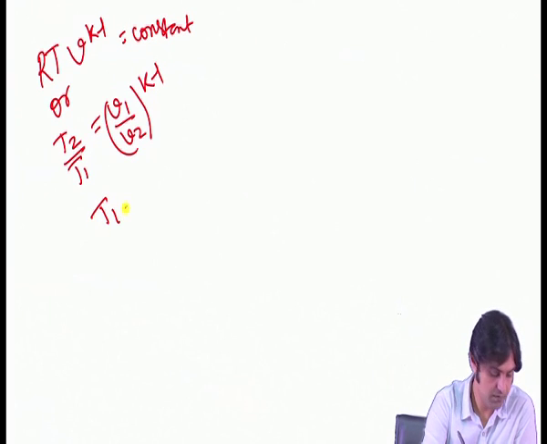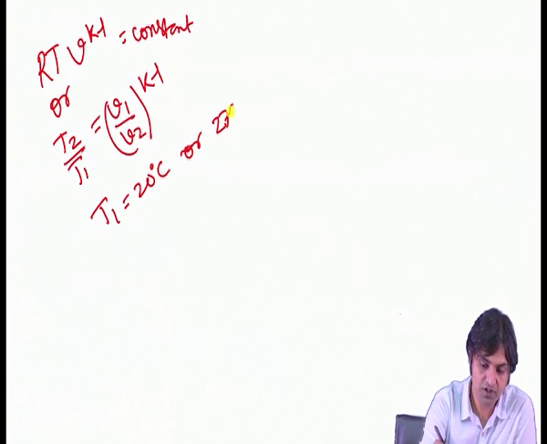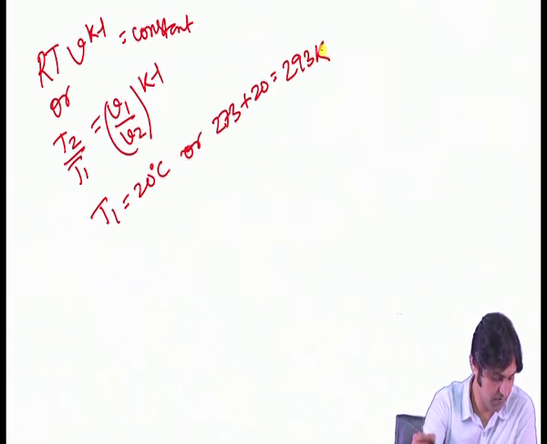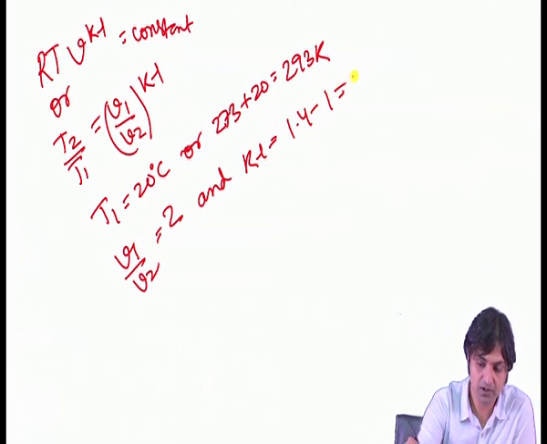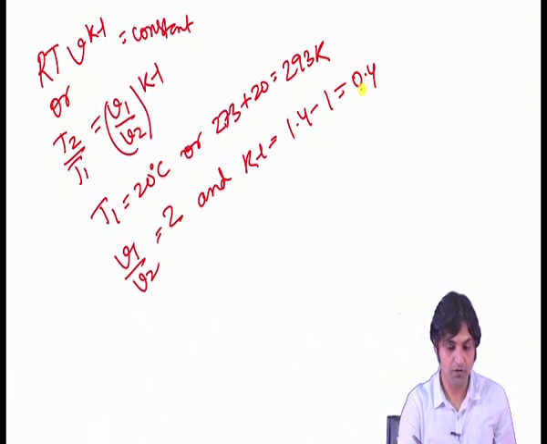We know that T1 was 20 degrees centigrade, or in Kelvin it's going to be 273 plus 20 is equal to 293 Kelvin, and V1 by V2 is 2, and k minus 1 will give out 1.4 minus 1 as 0.4.